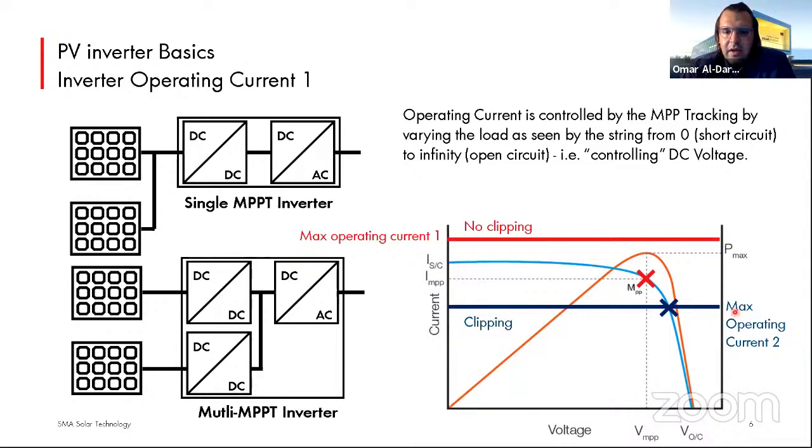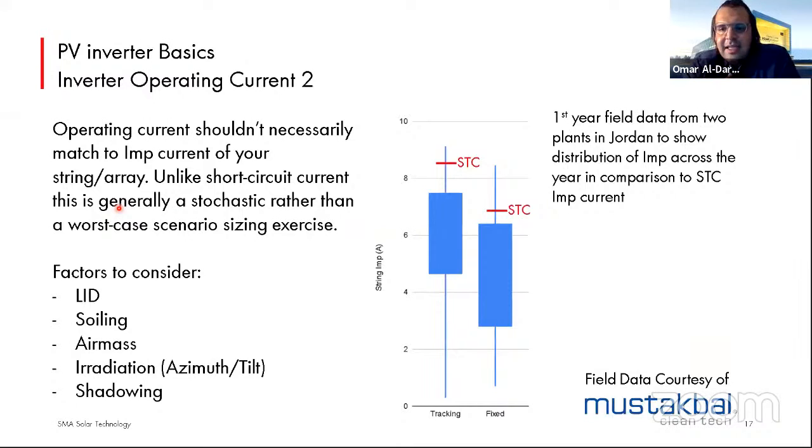And you can have another scenario here in blue where the maximum operating current is below the IMP of the module, and that is what we call clipping. So clipping is when you're actually clipping the module's or the string's current. What do I mean by stochastic calculation? Well, if you're oversizing your array, you're definitely going to exceed the operating current of the inverter.